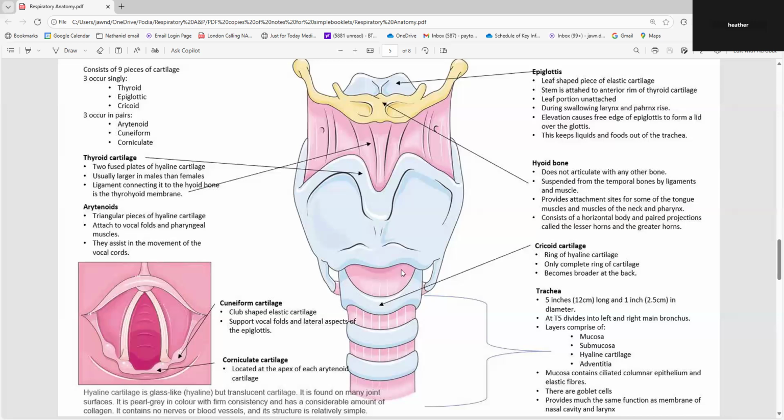The structure above it is called the cricothyroid cartilage. Okay, so this area here. In the intubation process, we work through plans A to D. A is everything normal, B is not quite so good, C is getting a bit panicky, and D is can't intubate, can't ventilate. So we do something called front of neck access, or FONA.